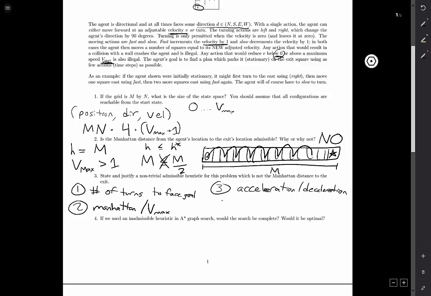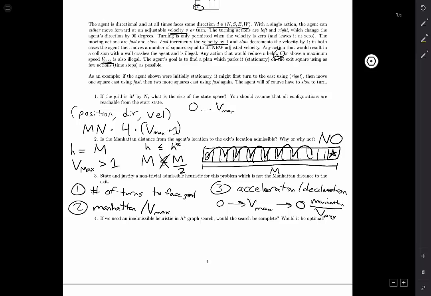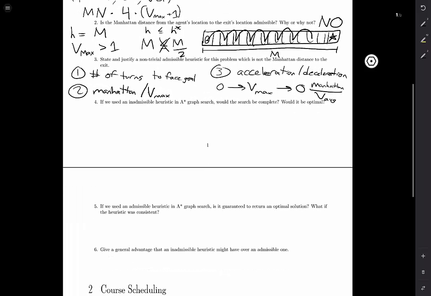Because it takes time to go from 0 to v max and back down to 0, we can actually improve upon 2. So 3 would be an improved version, where it would be Manhattan divided by some v, possibly average, or something like that. And I encourage you to try to come up with other heuristics.